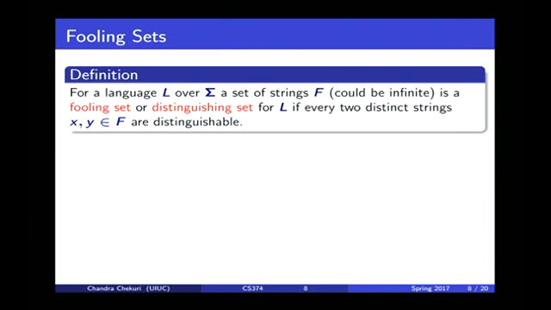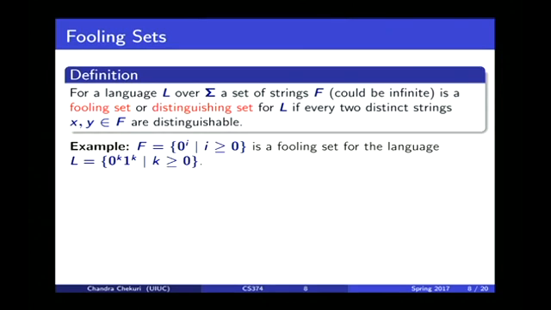If any two strings in that set are distinguishable. I call it a fooling set because if you take any two strings x and y, they should be distinguishable with respect to the language.